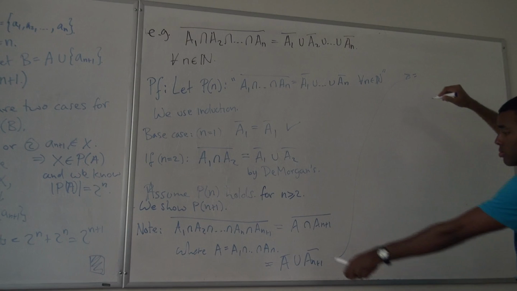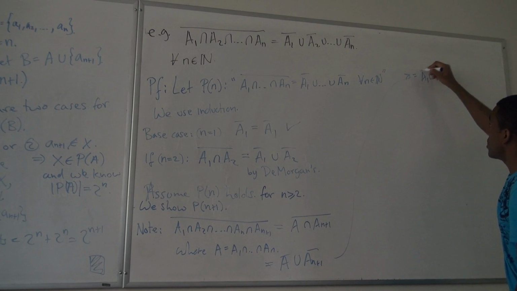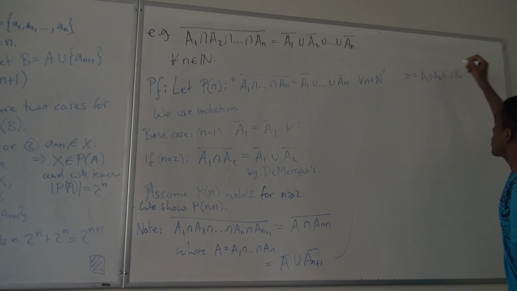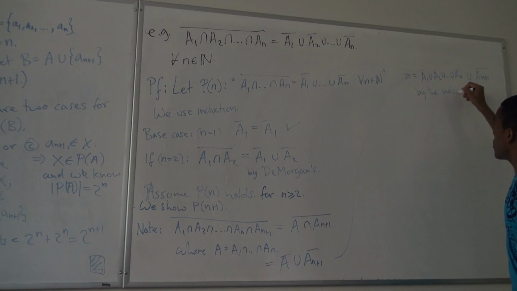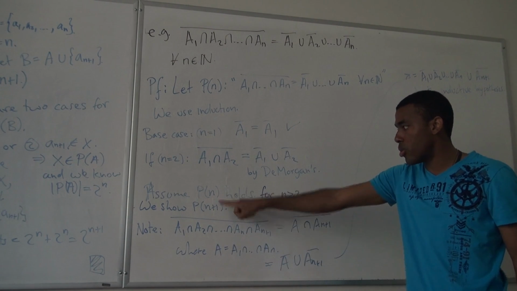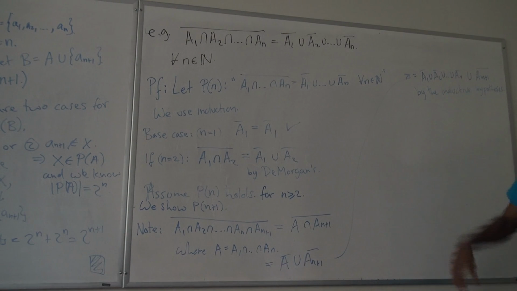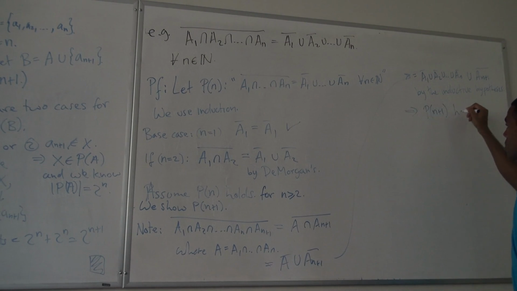But that's just equal to, this guy is just A1 union A2 union all the way up to An union A n plus 1 by the inductive hypothesis. Right? So the thing is here, A would have n elements in it, which means that since Pn holds, I can actually break up A like this, and then we automatically get Pn plus 1 holds.